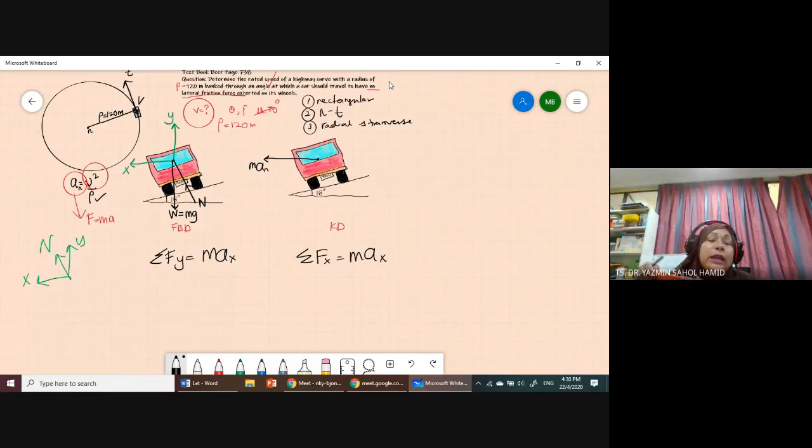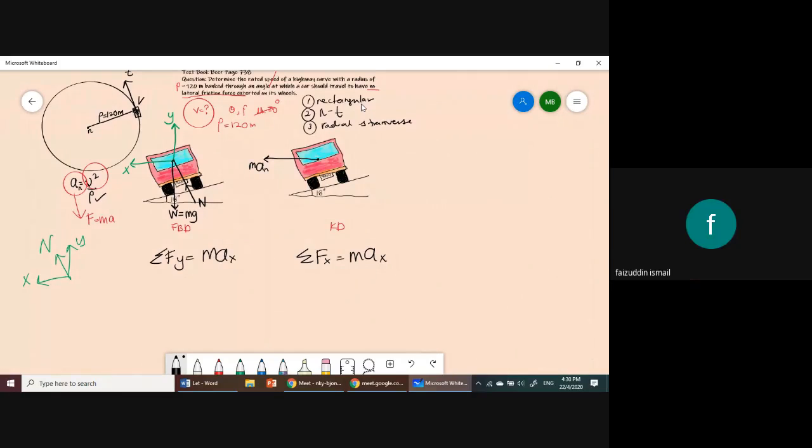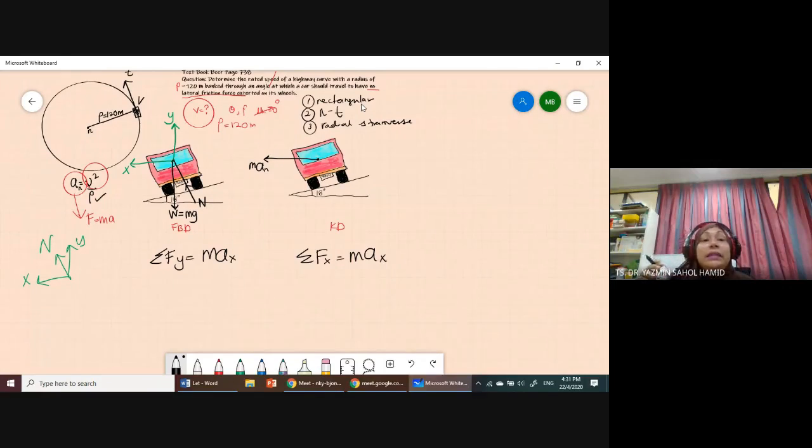Your t is the direction of the velocity. Now this is the rear view of your car. Your car is moving like this, so your velocity is here. So your acceleration must be perpendicular, must be 90 degrees, understand? So it must follow that straight line.